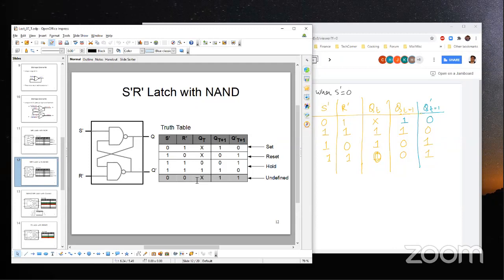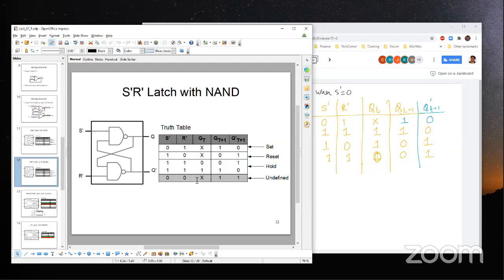By logic, it will stay at 1 and this will become 1. 0 is the controlling value of the NAND gate, and no matter what the other input is, output will become 1. That's not a problem.